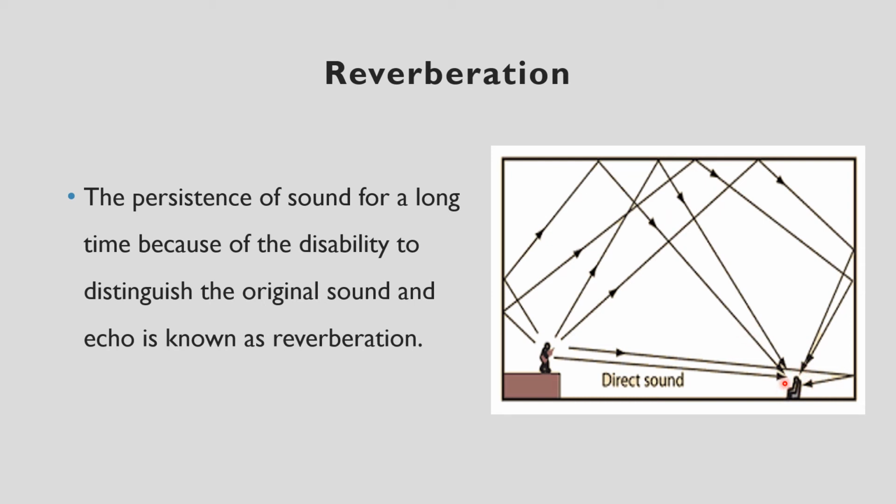So as these sound waves come to the ear with the time gap of 0.05 seconds, this listener cannot identify the direct sound or the original sound and the reflected sounds separately, and he will hear that sound as one sound, or this is called the persistence of sound.